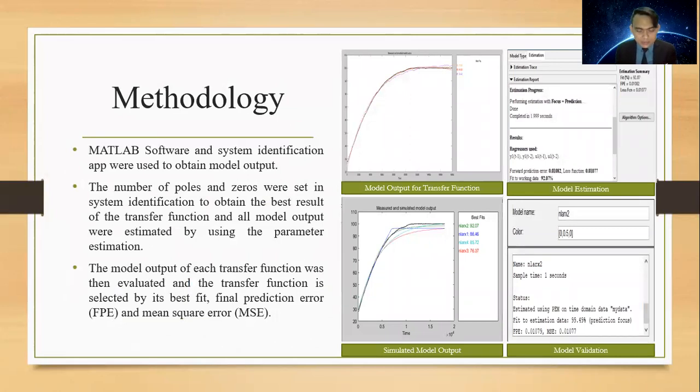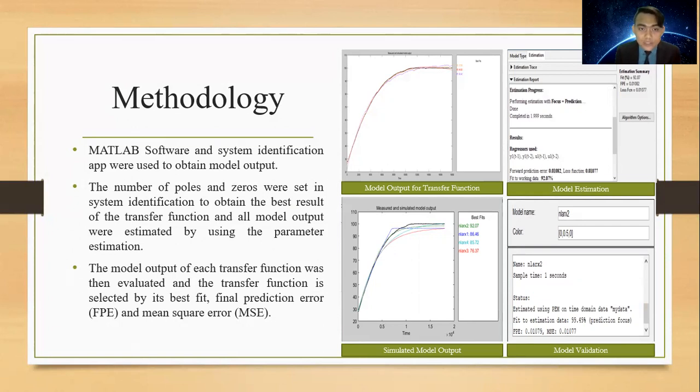For temperature, there are two input perturbation signals that were used, which are PRBS and multisine. When the temperature data from SDPP was produced, MATLAB software and the system identification app were used to obtain the model output.